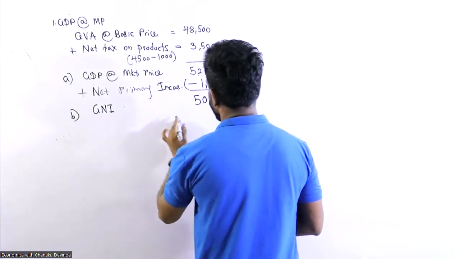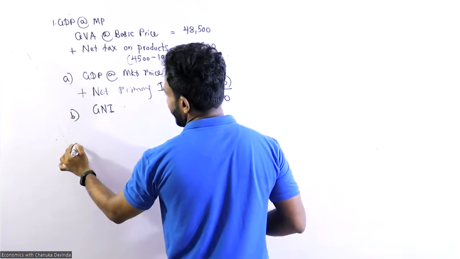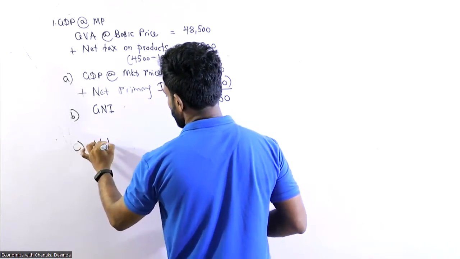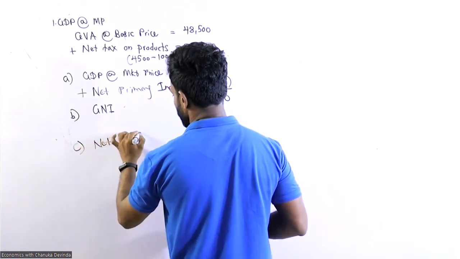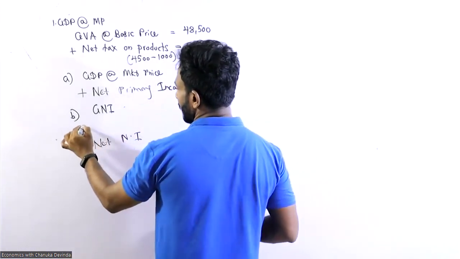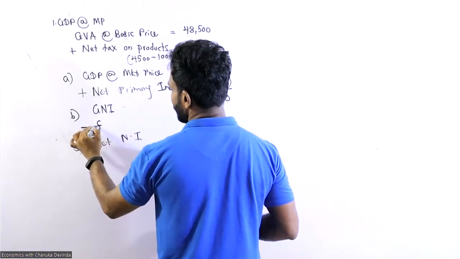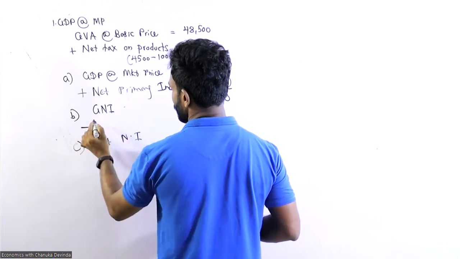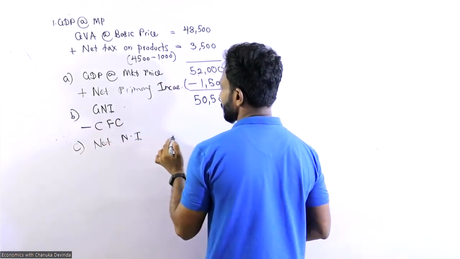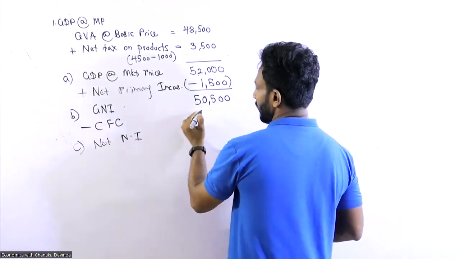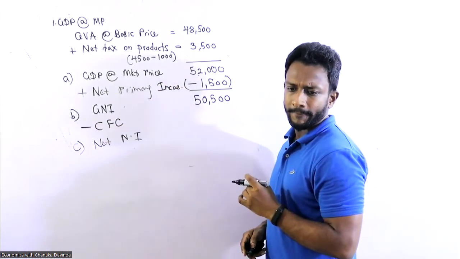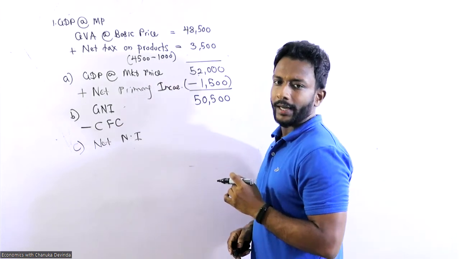And next one, NNI. Net national income can be calculated by removing the consumption of fixed capital. CFC, the consumption of fixed capital, is 800.